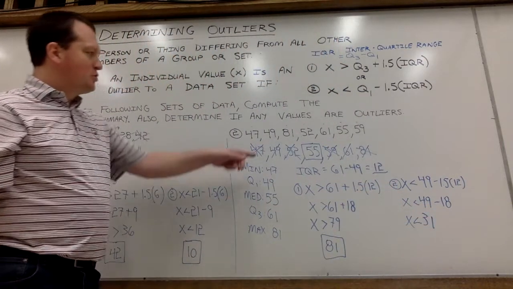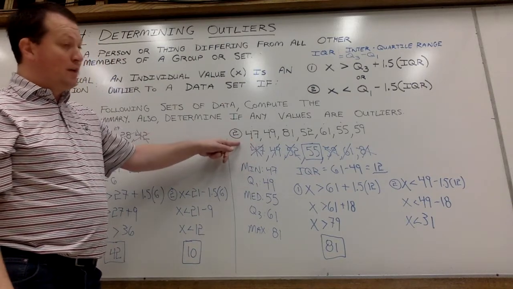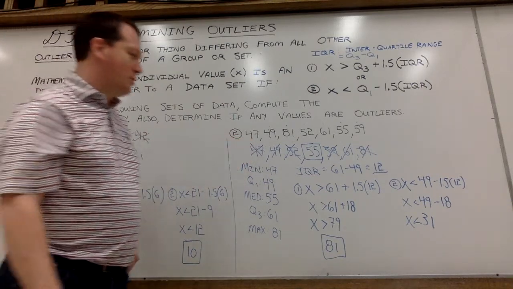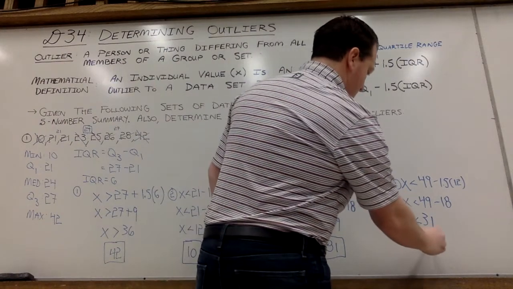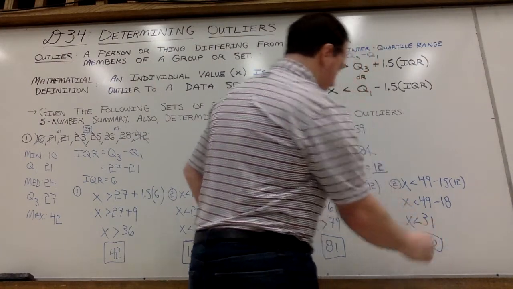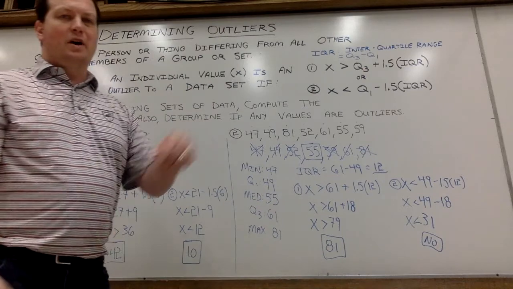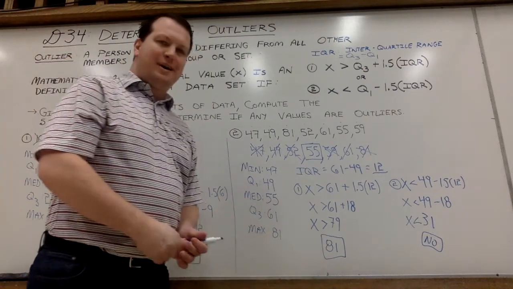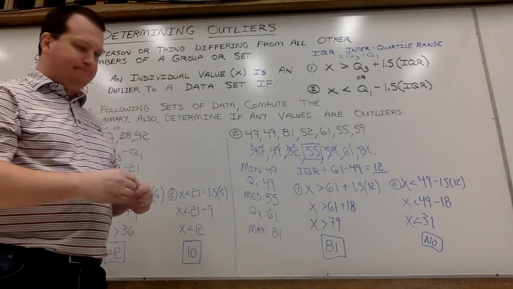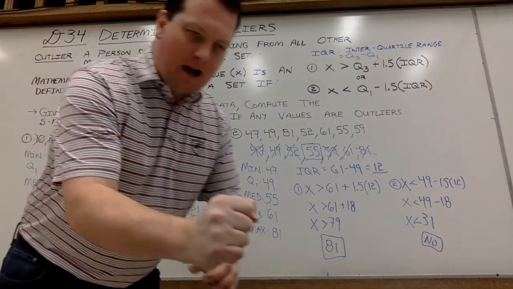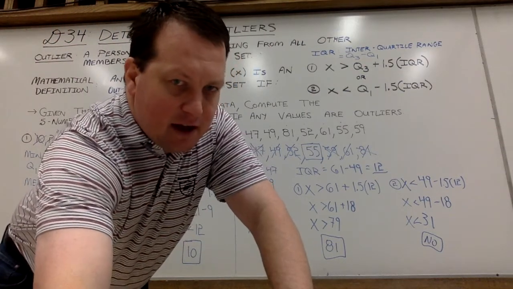Do I have any numbers smaller than 31? No, I do not, since 47 is my smallest. So there's only one outlier, and that would be the number 81 in this data set. There you have it. Outliers defined and calculated.